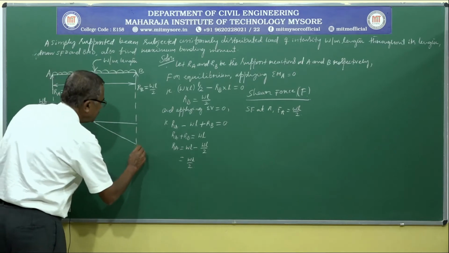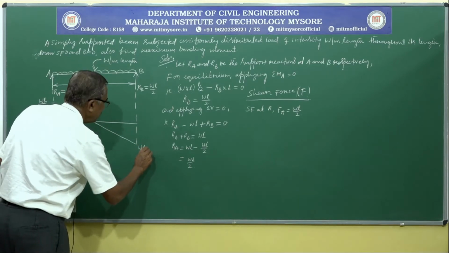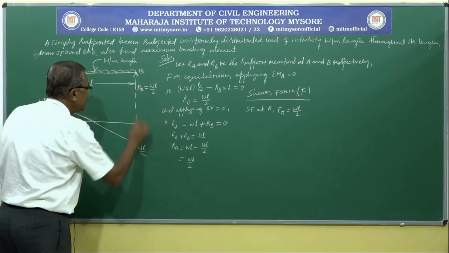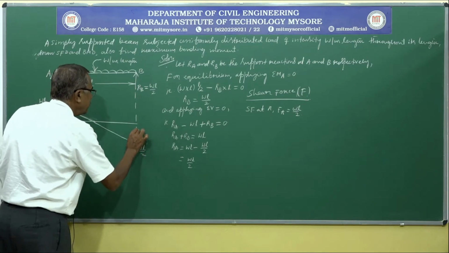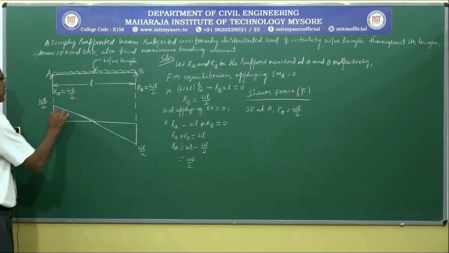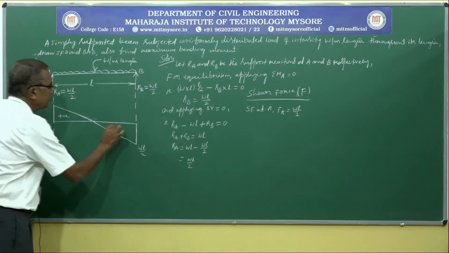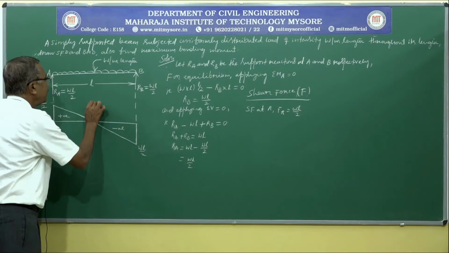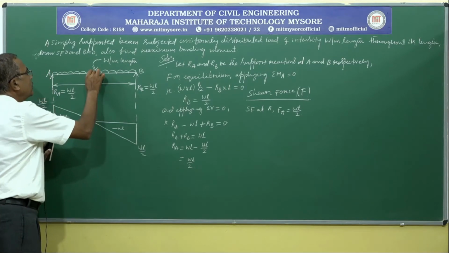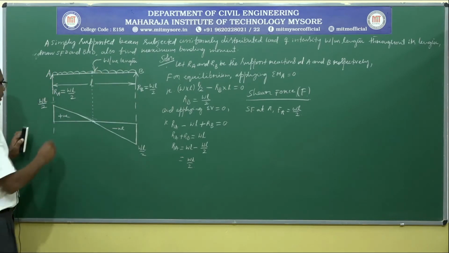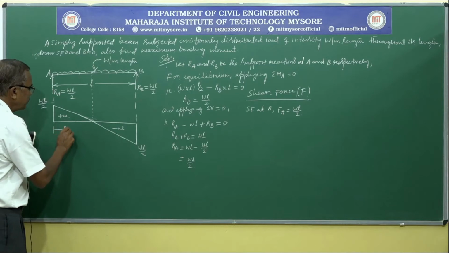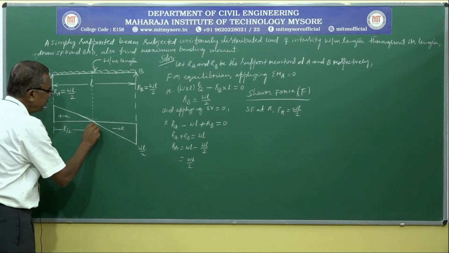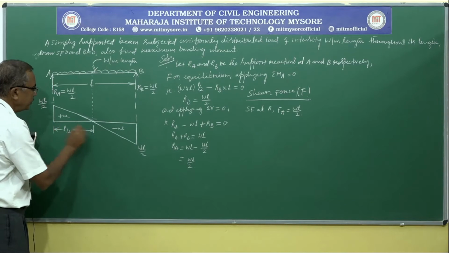Below that line it is again WL by 2, and there is a reaction at B which joins with the reference line, positive, negative. So by symmetry one can easily say that the shear force diagram changes its sign from positive to negative at midspan, at a distance L by 2 from either end.